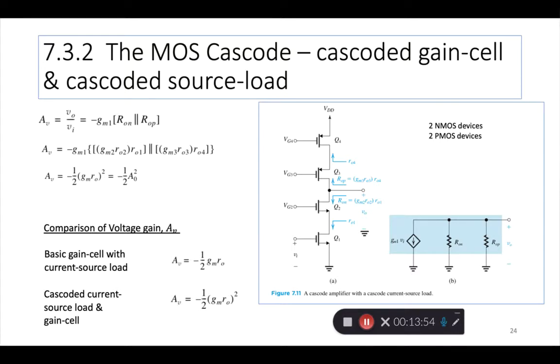Okay, so that's the benefit. Now if you write it in terms of intrinsic gain, it's this formula. If you write it in terms of overall gain, the formulas are like this.